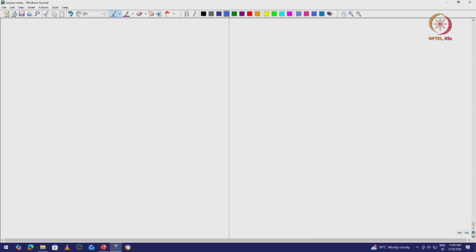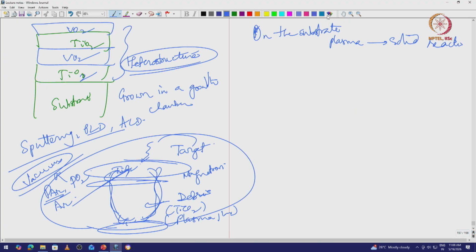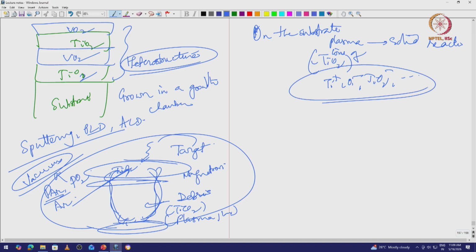The plasma has titanium oxide, or ions of various kinds, right. So it can be Ti plus, O minus, TiO2 minus, or whatever. There are so many ions in this plasma. They come to the substrate, they move around and thermalize on the substrate and start forming these bonds again, right.